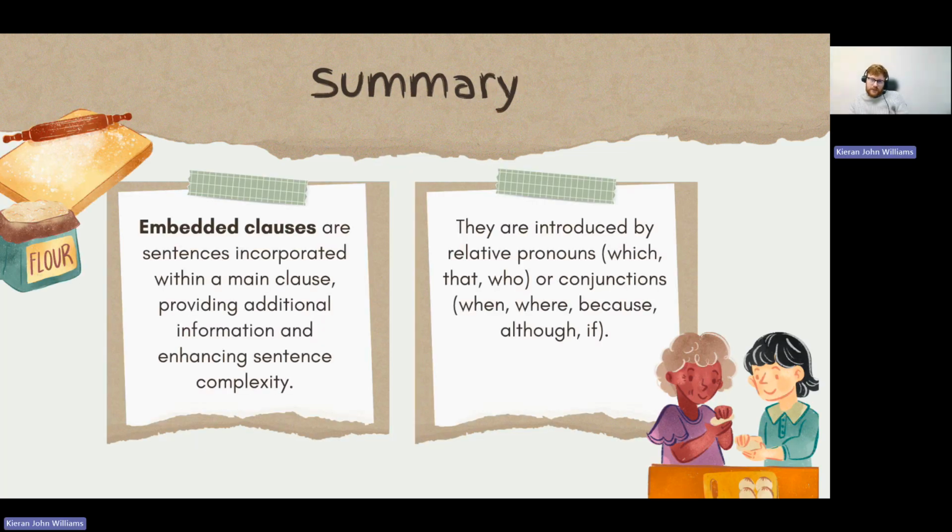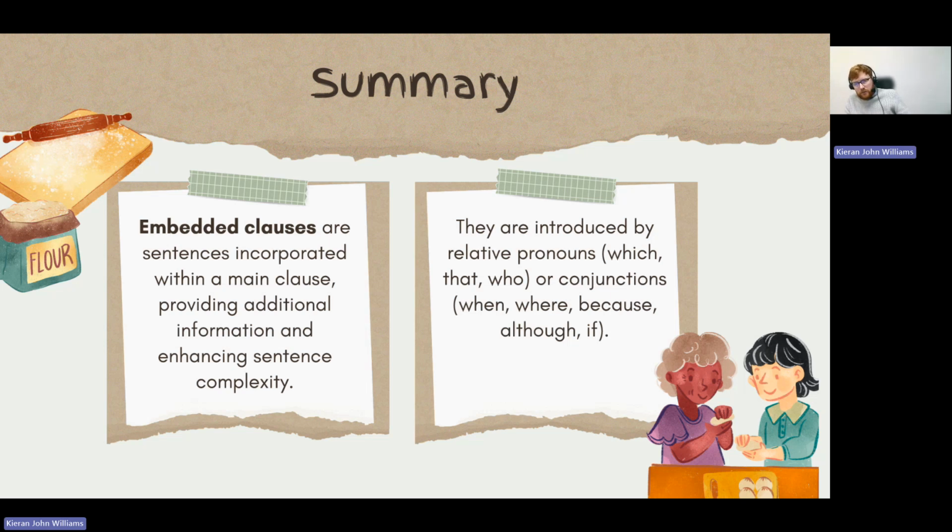So, to summarize, embedded clauses are groups of words inserted into a main sentence to provide additional detail. They help expand and clarify meaning, and they make writing much more sophisticated. Instead of relying on several short sentences, embedded clauses allow information to flow naturally, contributing to stronger, more complex sentence structures.